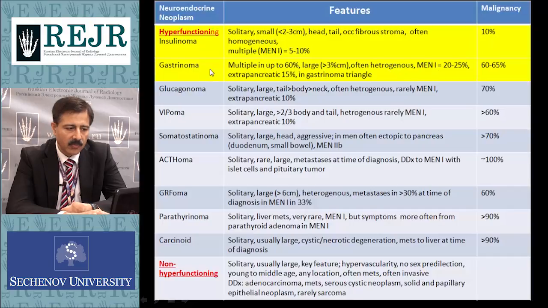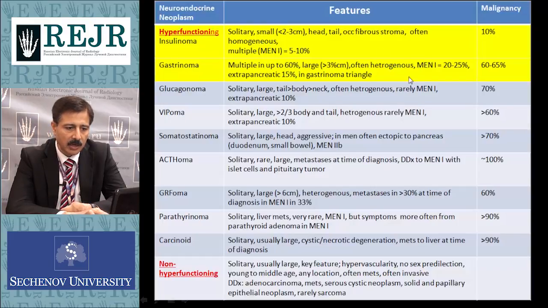The second most common neuroendocrine tumor is gastrinoma. They can be multiple in 60% of cases. So that's a very important point to remember. When you pick up one tumor, don't just stop there, keep looking for further lesions.